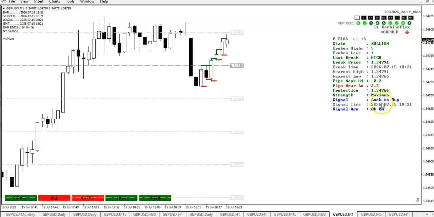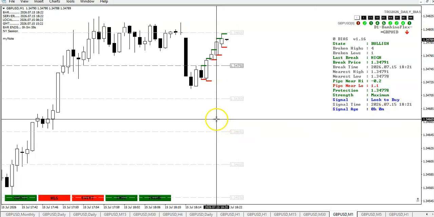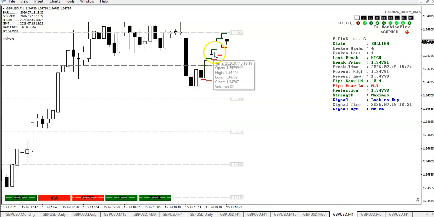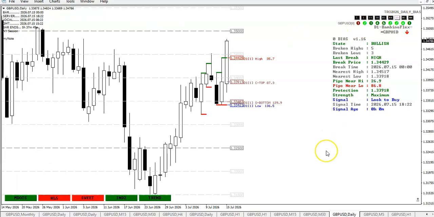So see here, you look to buy, and it probably gave that signal at 1820. Oh, well, we just switched over, so yeah. But you see here, it broke here and it kept going. But I usually use it on the daily, and it just seems to be very, very accurate.